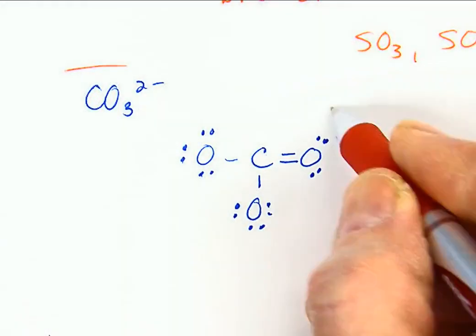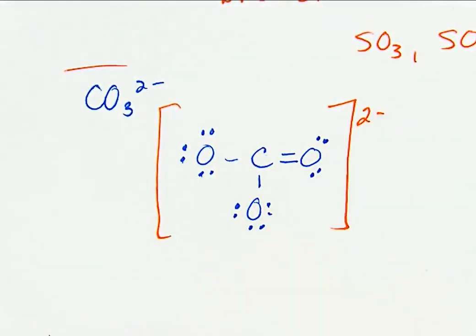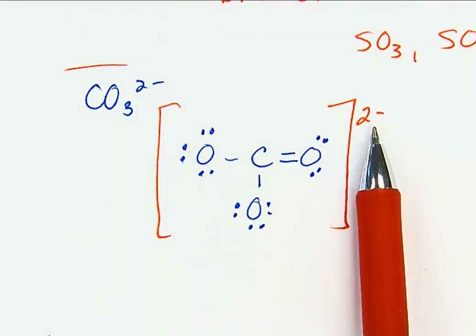But because it's an ion, you have to draw the brackets there. So that shows us the carbonate ion. That's really all you need to know about ions: you have brackets, and then you have to include the charge.